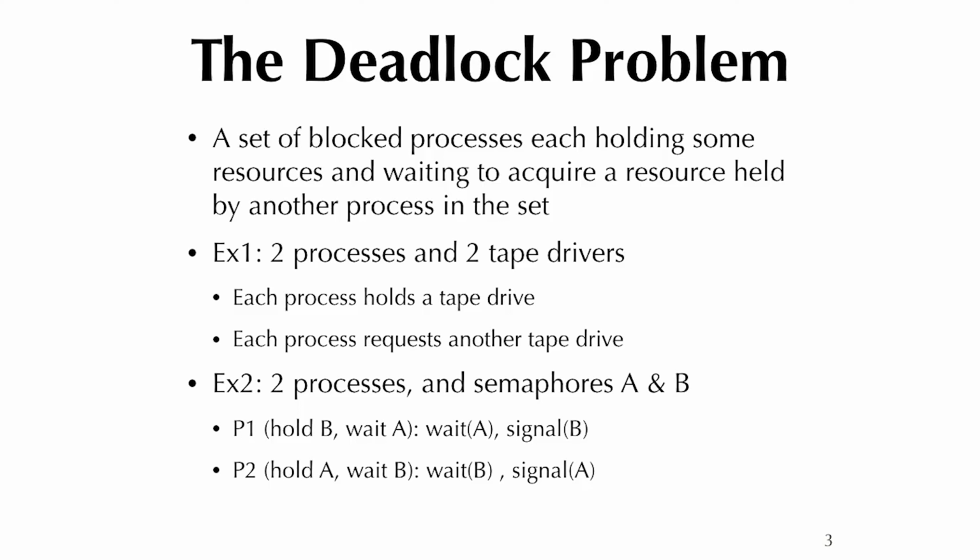Okay, so here's the problem. You have a set of processes that are all blocked, but before they get blocked, they hold some resources, and when they are blocked, the resources they're holding continue to be held and cannot be released during that time. And why are they stuck, or why are they waiting? Well, they're waiting to acquire some resource, but this resource is held by some other process, right?